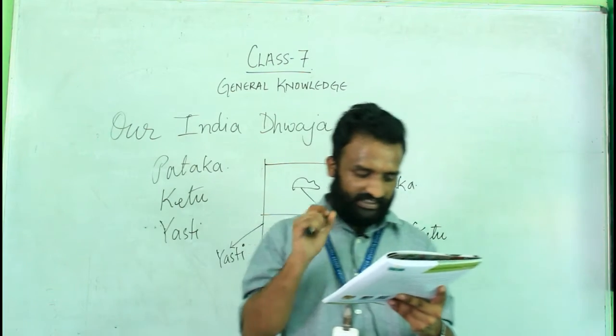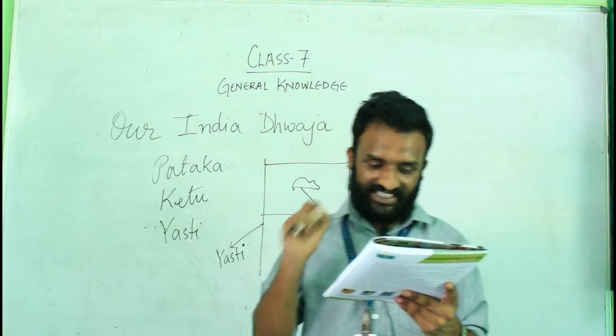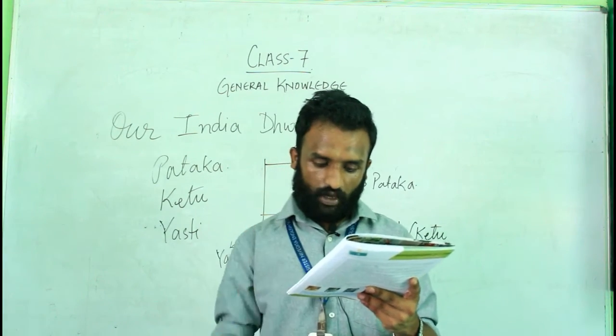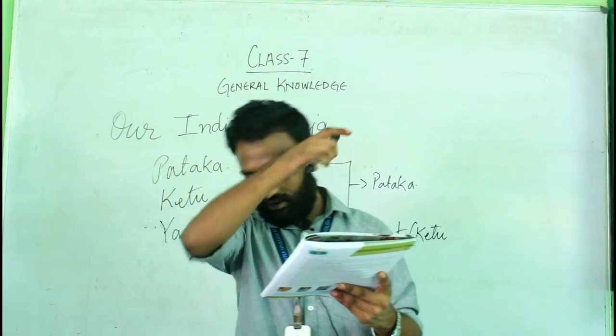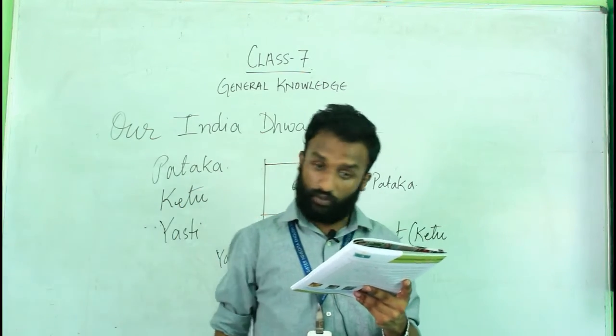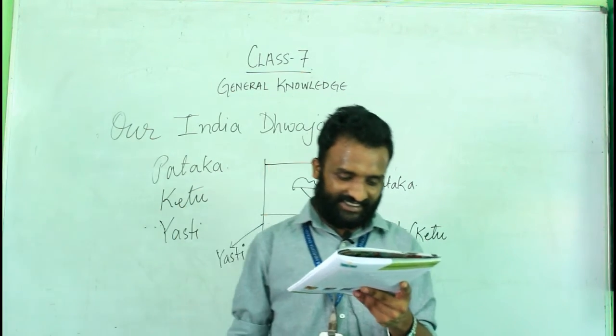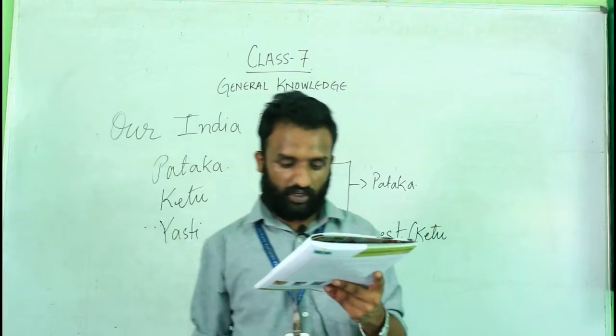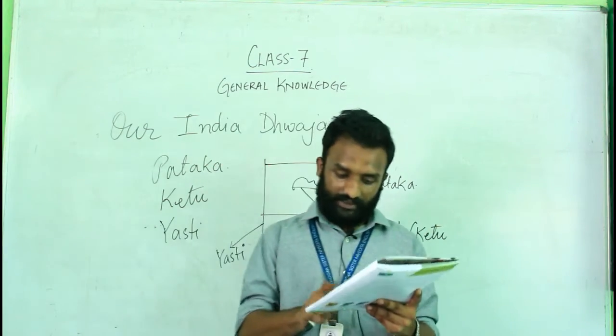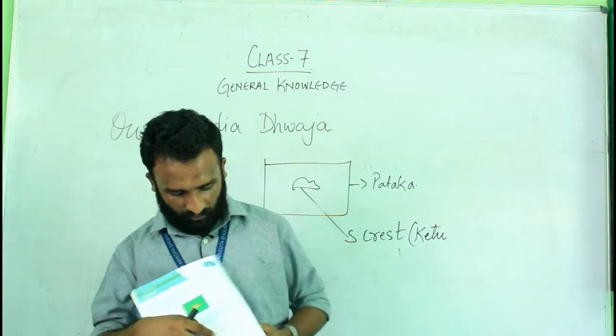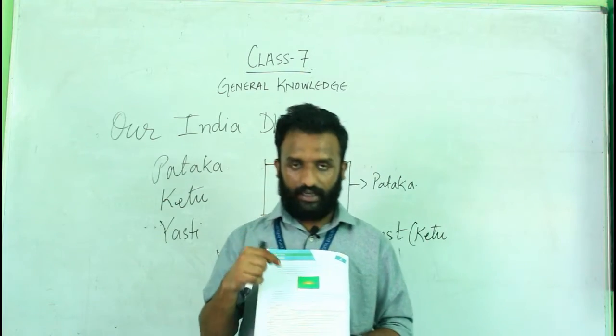And 270 centimeter to 180 centimeter, it is the Parliament building and other important buildings. And 360 centimeter to 240 centimeter, Red Fort, Rashtrapati Bhavan. That size of flag is used there. Flags of different sizes are used at different places in India.